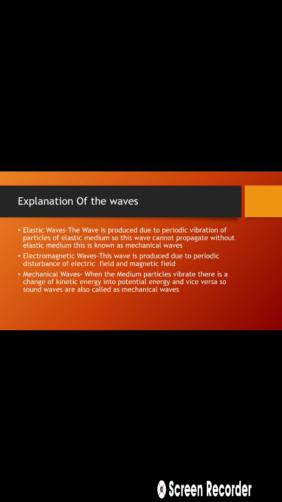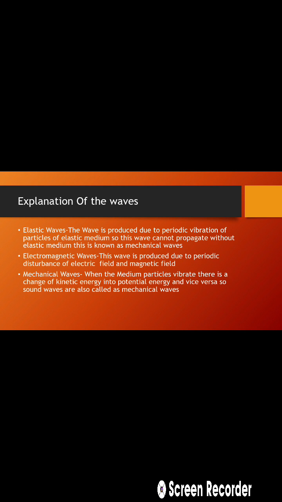Next is electromagnetic waves: the wave produced due to periodic disturbance of electric field and magnetic field. Electromagnetic waves are those you will learn in class 10, but let me give a brief summary. The electric field is explained here as the charge of a current, and magnetic field means, you know, that like poles repel and unlike poles attract.